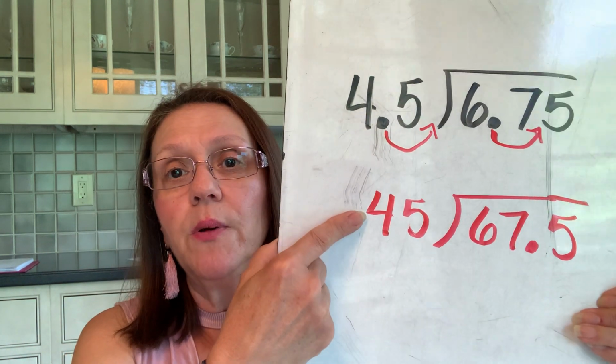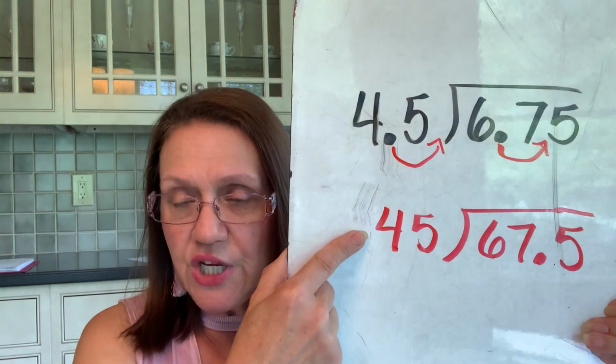And what I want you to do is for each of the questions on that page, I just want you to set it up. And this is what I mean by set it up. I want you to go through each question and on your lined paper, divide or multiply out the decimal from the divisor and the dividend equally.